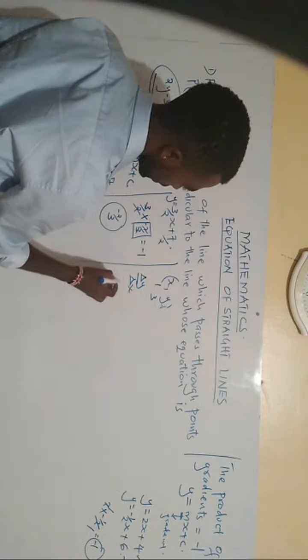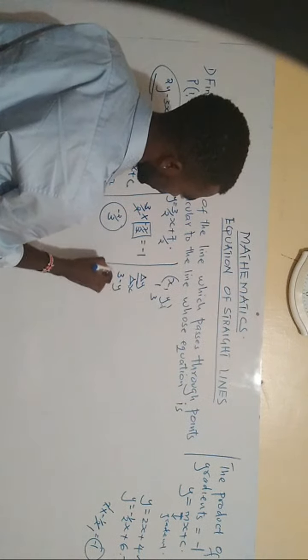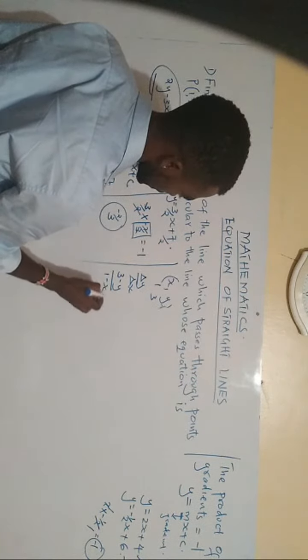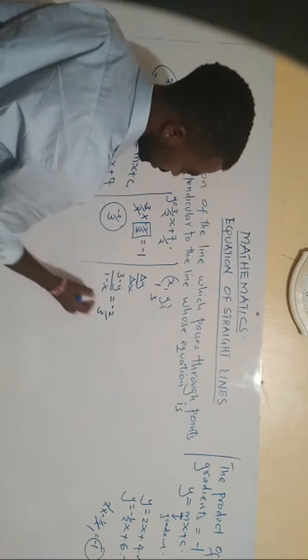So it will be (3 - y)/(1 - x) equal to this gradient here, which is -2/3.